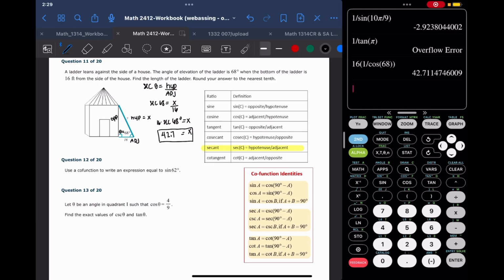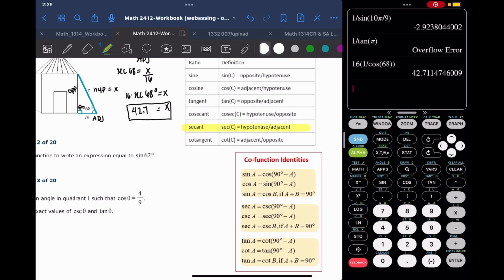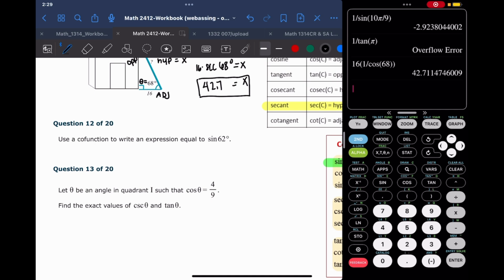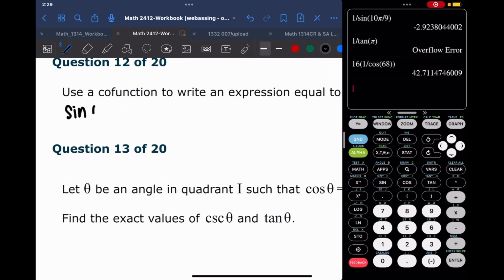Number 12 says use the cofunction equivalent of sine of 62 degrees. So we're going to go ahead and use the first one right here. Sine of 62 degrees is equivalent to cosine of 90 degrees minus 62, so that equals cosine of 28.